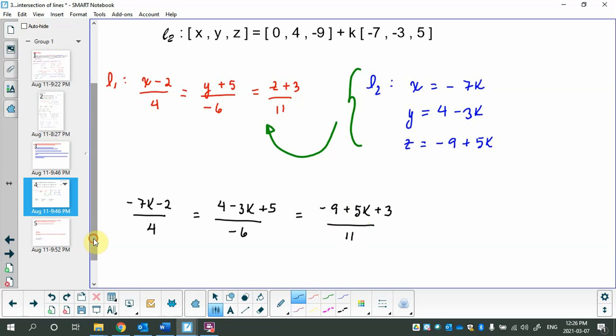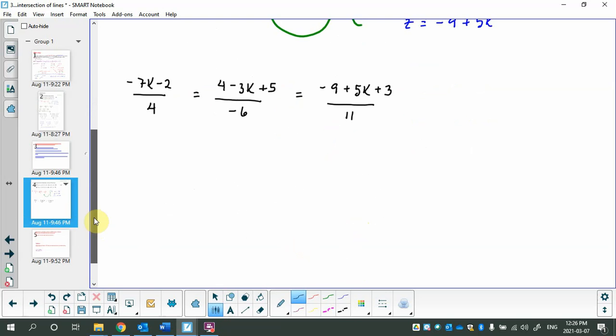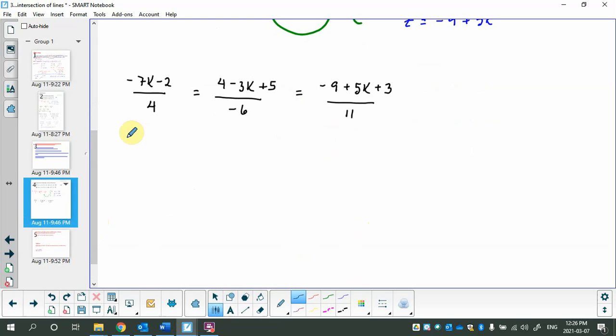And I'm going to tidy this up. Of course, you can start cross multiplying before you tidy it up. And I'm going to actually, nope, I'm not going to. I was going to back it up and not tidy it up. So 1 minus 3k over negative 6 and 5k minus 6 over 11.